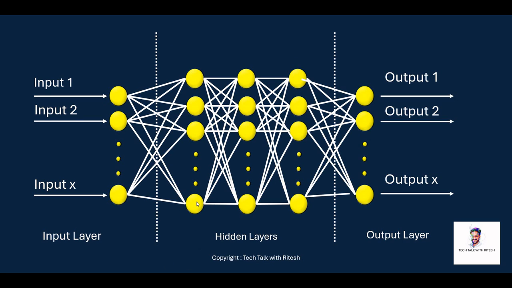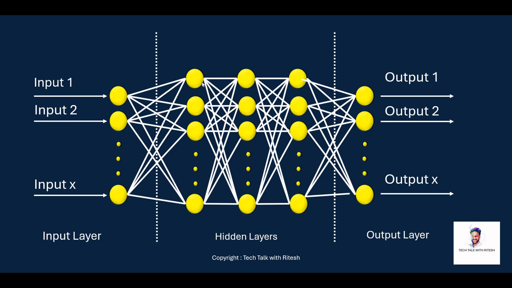This is the pictorial representation of how this whole neural network works. The information is flowing in, input 1, 2, 3 and so on, there are so many inputs, and this is the input layer. And there is something called the hidden layer where we have so many interconnected neurons.